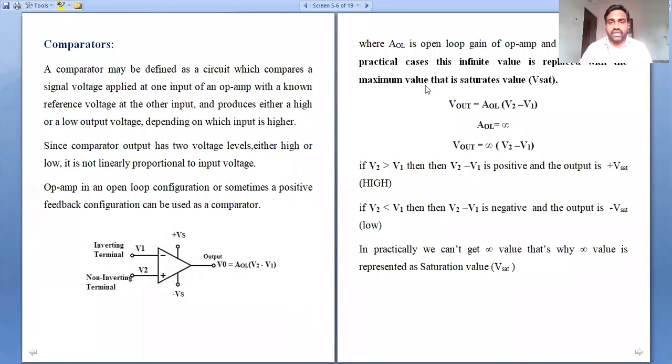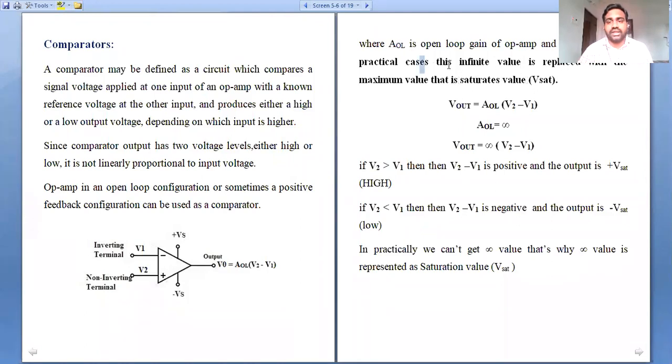So if we see the gain value at this condition, the gain value is maximum. It is infinite. We all know that the open loop gain value of an operational amplifier is infinite. But practically, we can't say that the gain value is infinite here. So in order to explain the practical value of the gain of the operational amplifier, we use a term called saturation value.